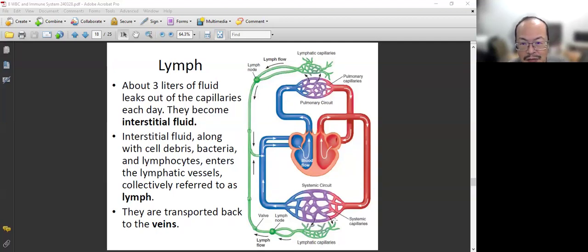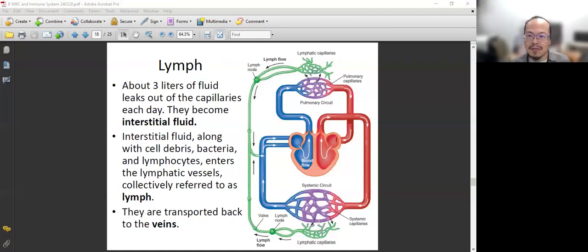So when they leak out, it's very much like your shower, right? You shower and then you have the sewage. You capture the excessive fluid, then you just guide it through the sewage system and dump it out.